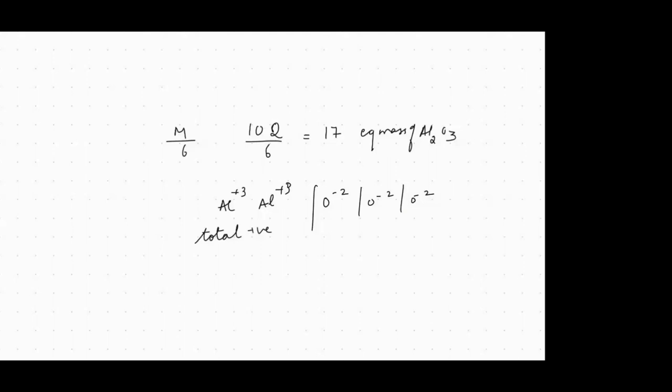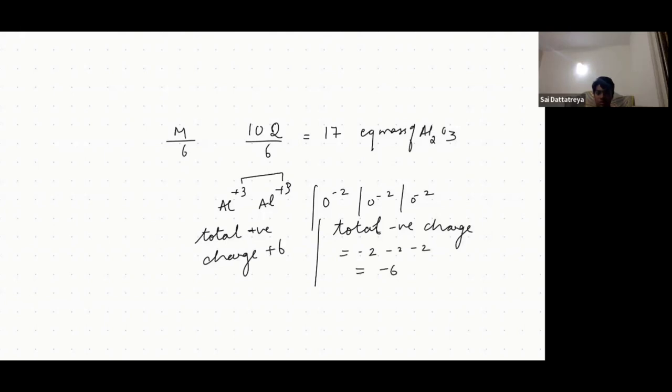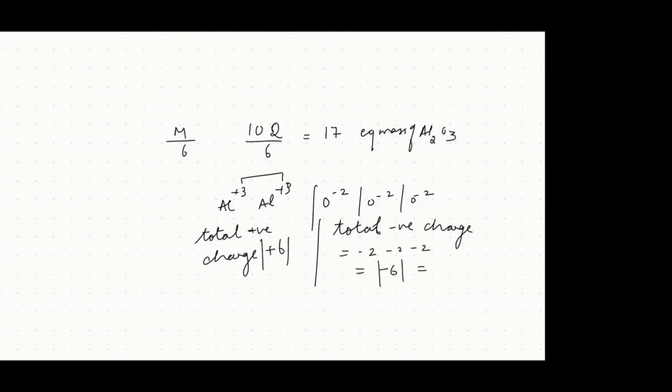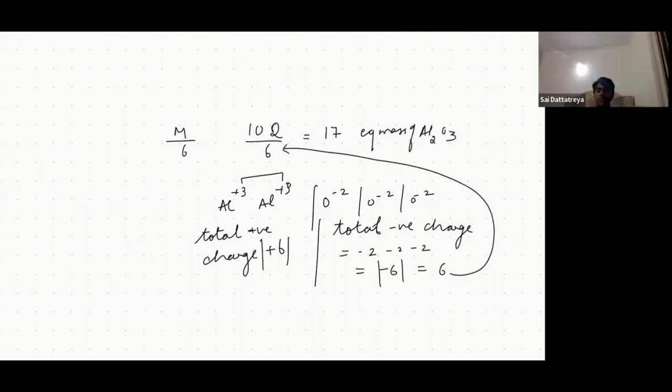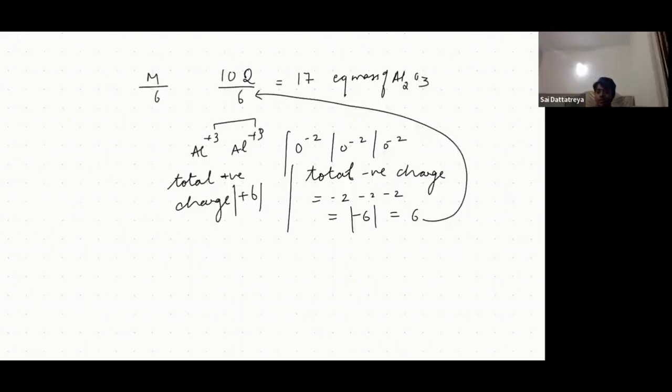So what is the total positive charge here? That is plus 3 and plus 3, plus 6. And what is the total negative charge here? That is going to be minus 2, minus 2, minus 2, that is minus 6. So if I just take the mod of it, I get 6, and that is what I am dividing by here. So the equivalent mass of Al2O3 is 17.